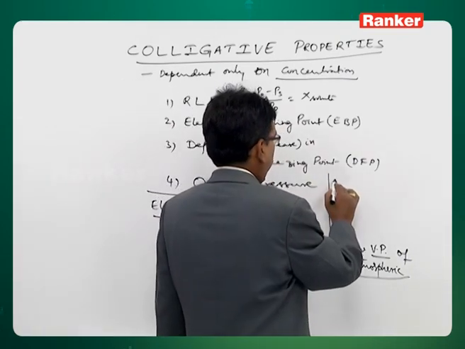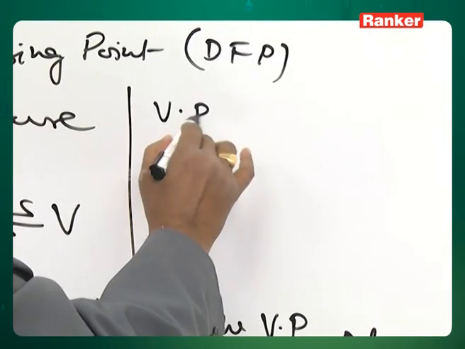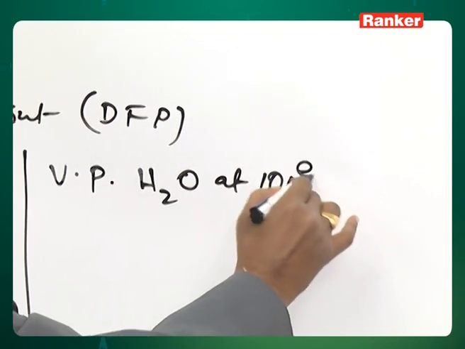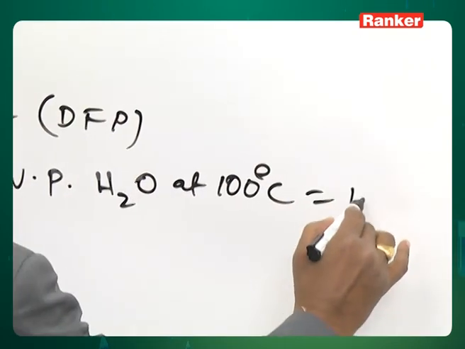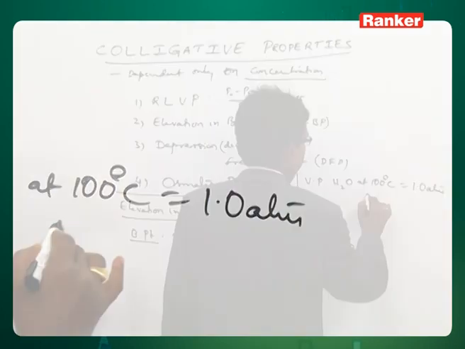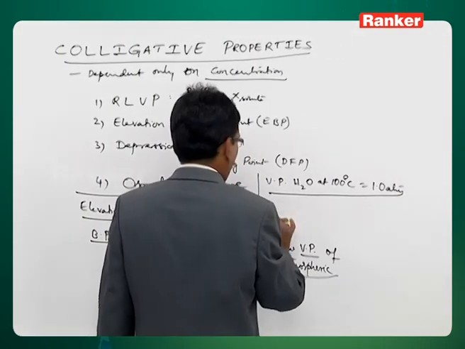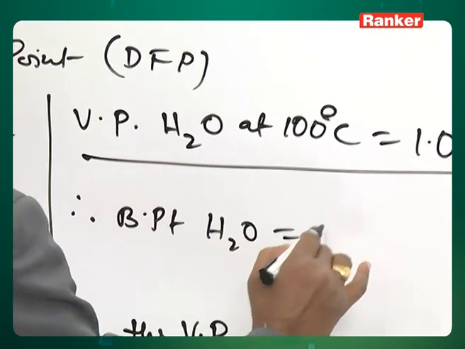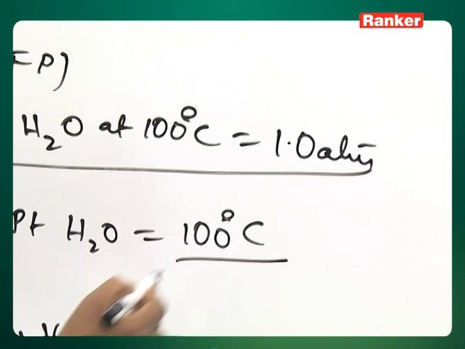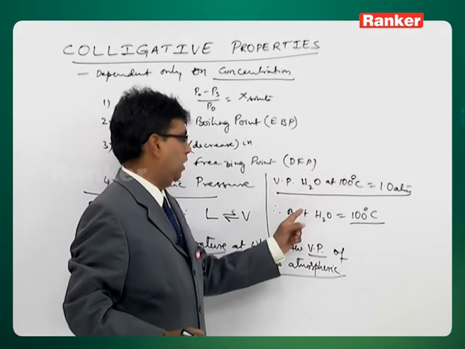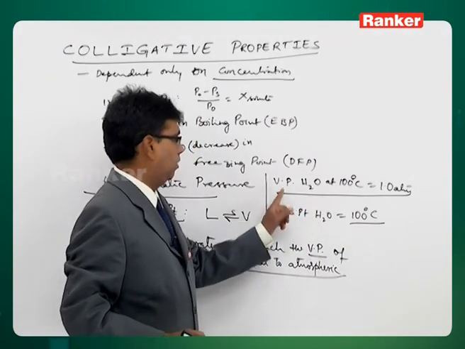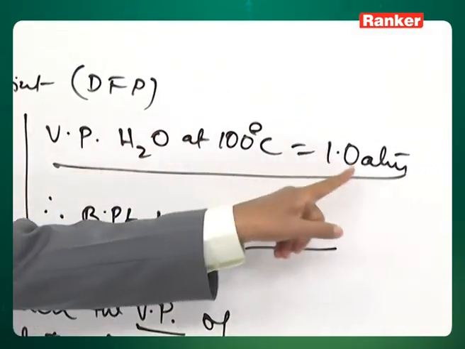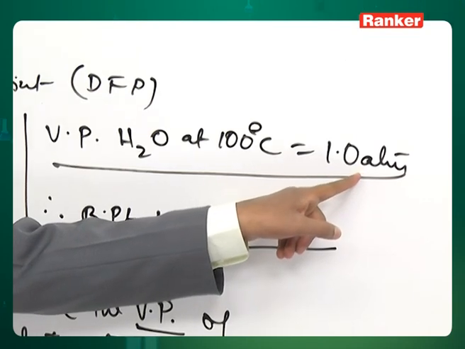The vapor pressure of water at 100 degrees Celsius is equal to 1 atmosphere. Therefore, the boiling point of water is 100 degrees Celsius.